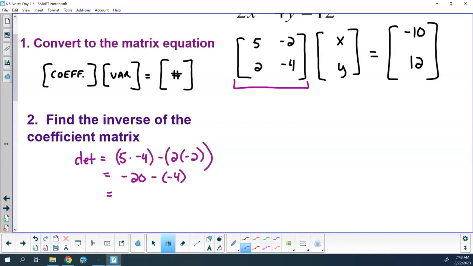So that's going to give me negative 16. So the inverse, we'll just call it matrix A for now. The inverse would be 1 over negative 16 times negative 4, positive 2, negative 2, and 5.